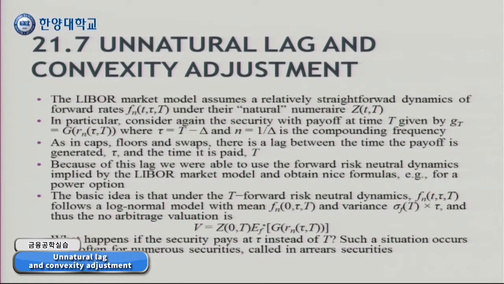In particular, consider again the security with payoff at time T given by G_T = g(R(tau, T)). So it is some sort of derivative or asset that depends on the interest rate at time tau, like a caplet, or a floorlet, or a swap, something like that.